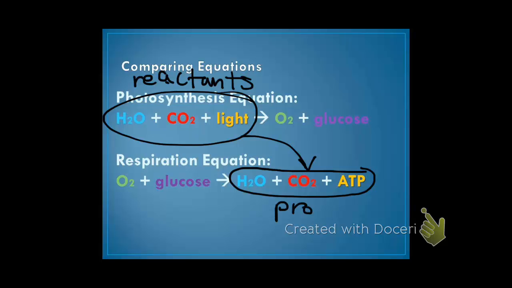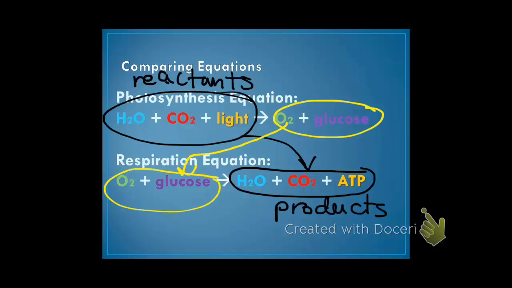The reactants for one reaction become the products for the other reaction. Notice the products of photosynthesis are the reactants for respiration. So these two equations, these two processes, are backwards.